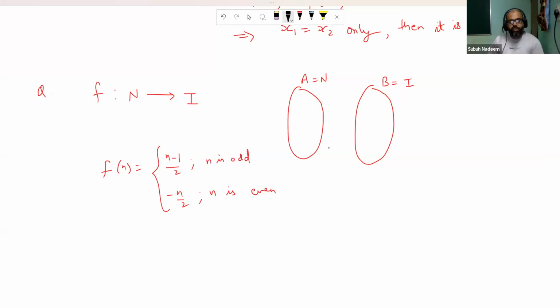Okay, Sarif, you are saying it is one one function. What about you, Faza? Faza is saying many one. So can you justify your points? How is it so?